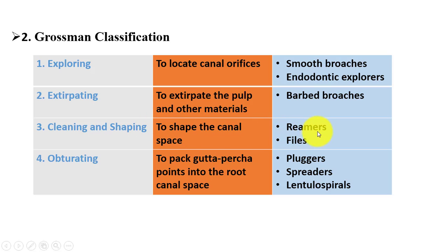They are reamers and files. And the fourth group is obturating instruments. They are used to pack the gutta percha points into the root canal space, like pluggers, spreaders, and lentulo spirals.